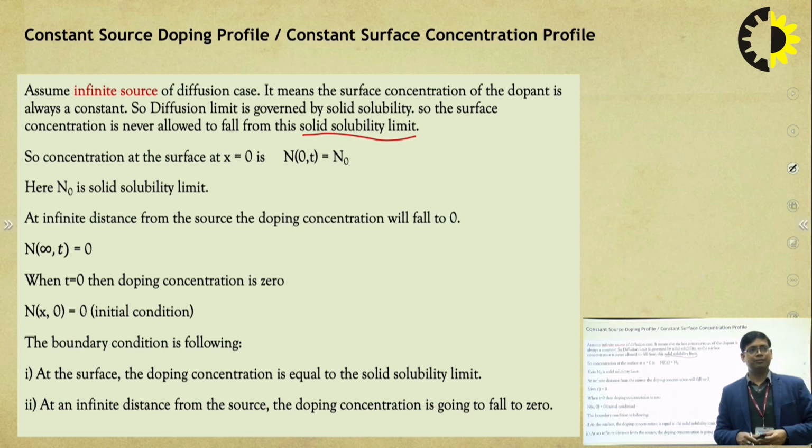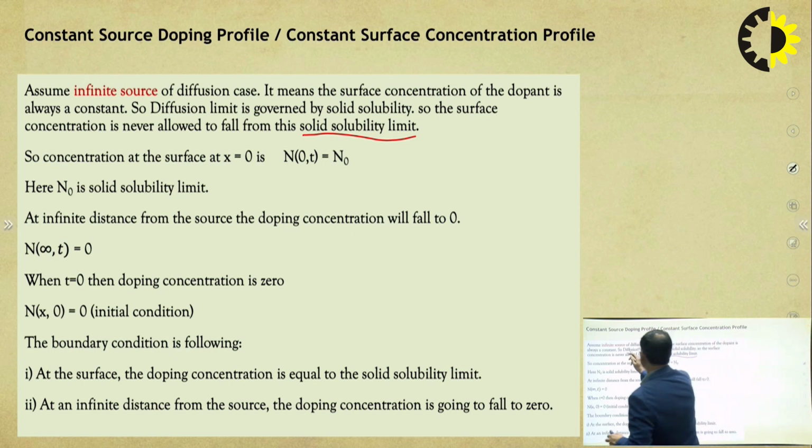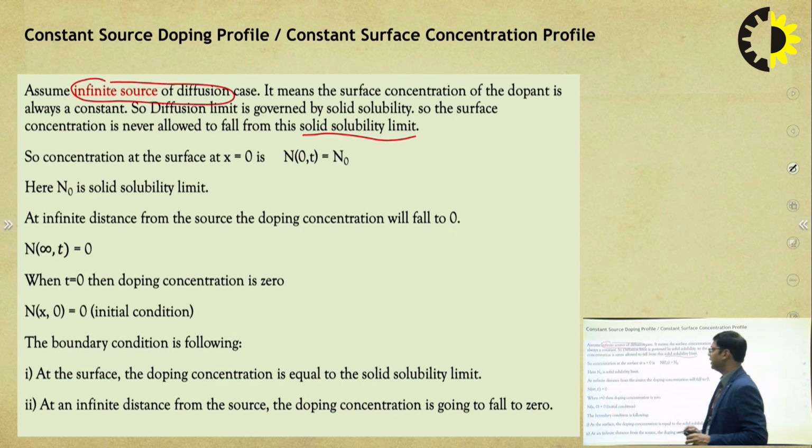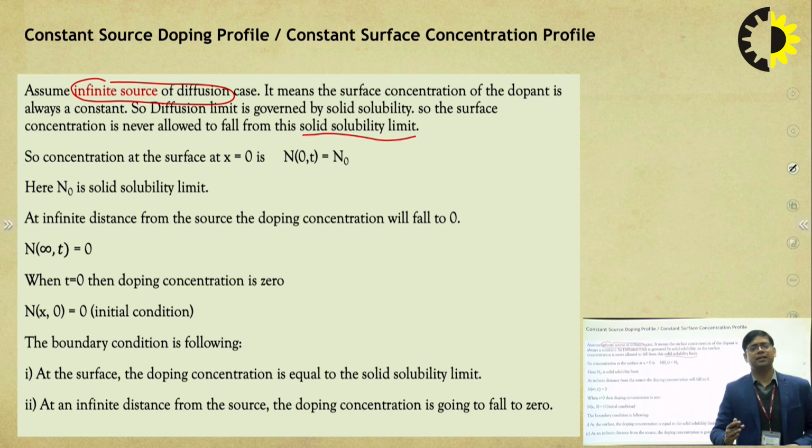So in case of the constant source doping profile, we have an infinite source of diffusion. We are using an infinite source here which keeps on maintaining the dopant concentration at the surface.